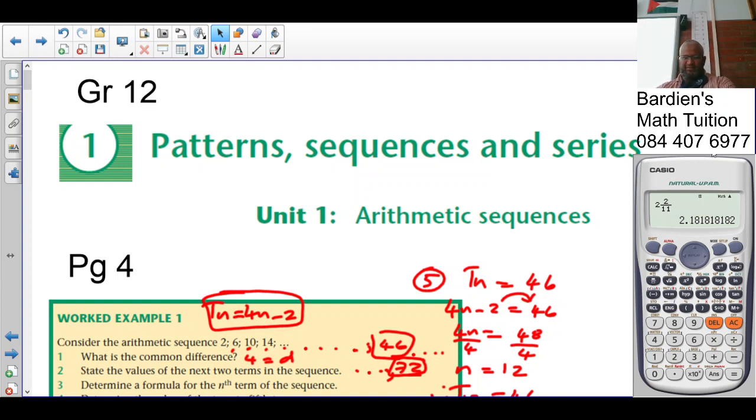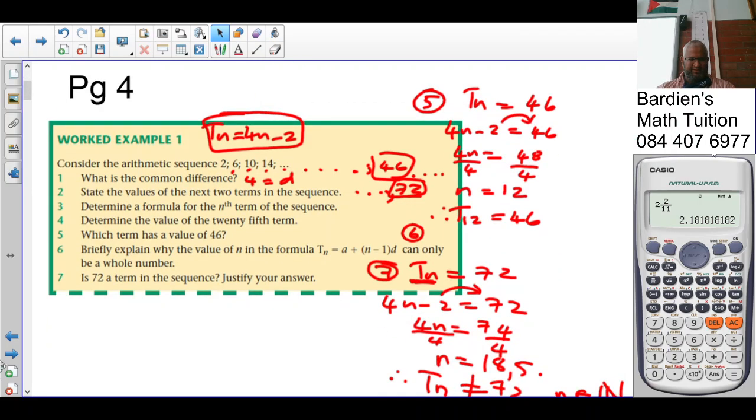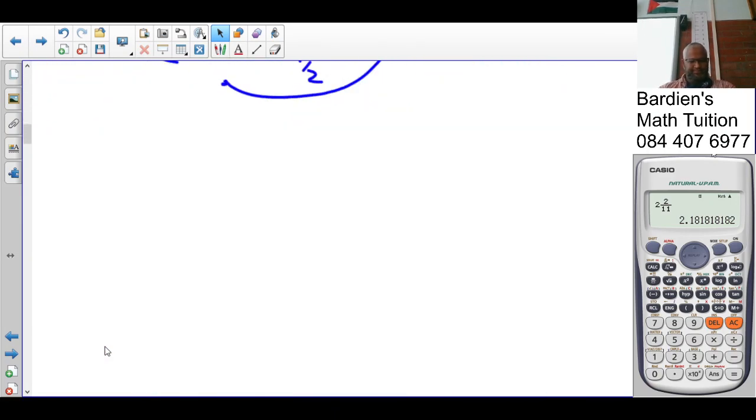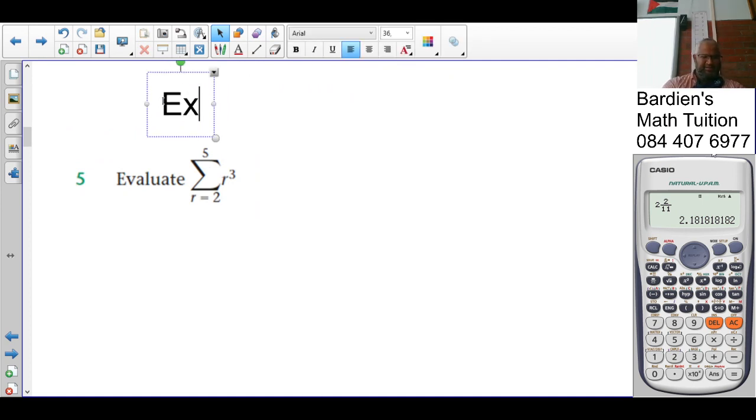Only number 5. Okay. Page 20, exercise 8, number 5.